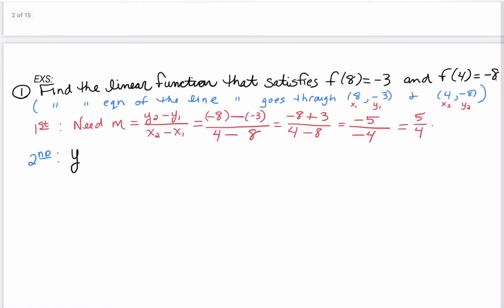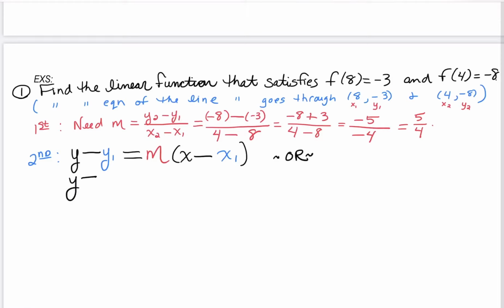It is y minus the y coordinate, so y sub 1, equals m, where we sub in our slope, times the quantity x minus x sub 1, where (x1, y1) is a point on the line.